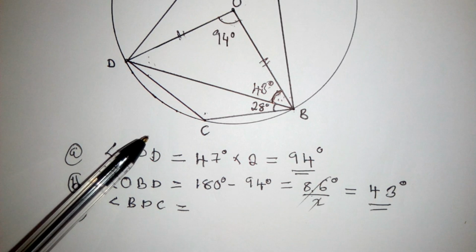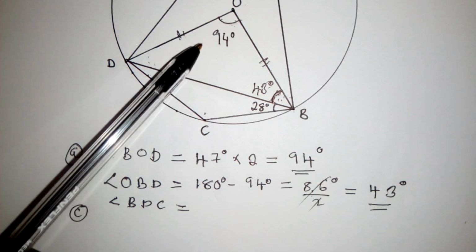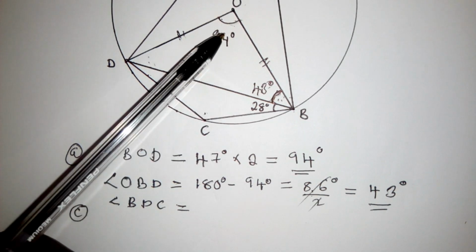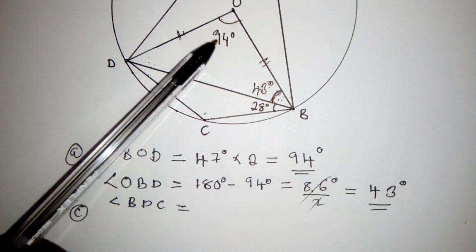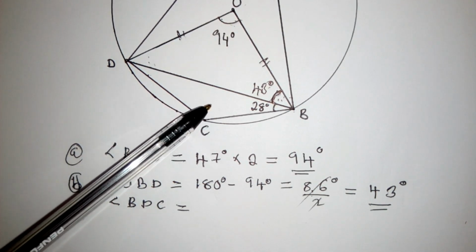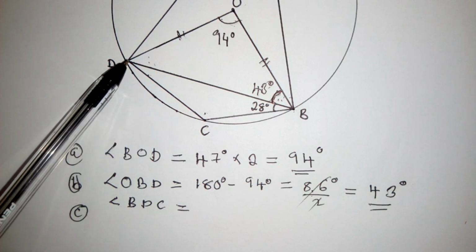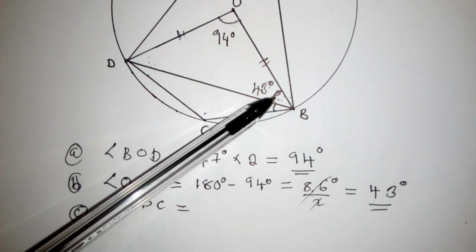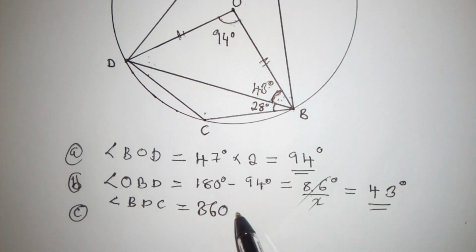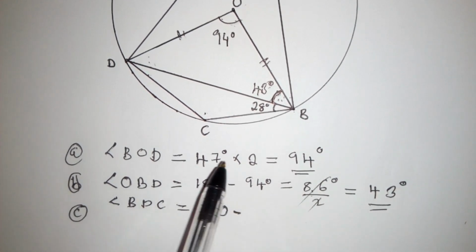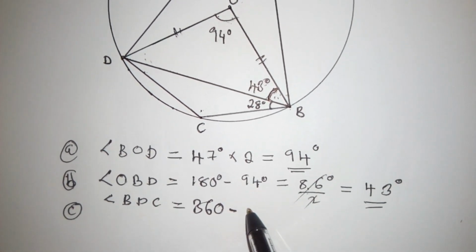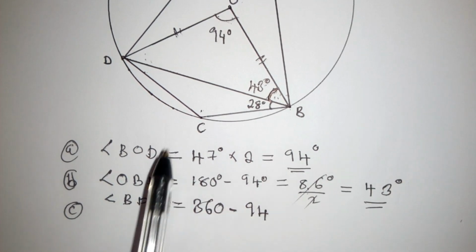We use the property which says that an angle which is opposite to the one on the center, like this one, the opposite angle, and they are all touching at the same point, we say 360, which is the total angle of the circle. This is a property of the circle. 360 minus 94, the angle which is opposite.